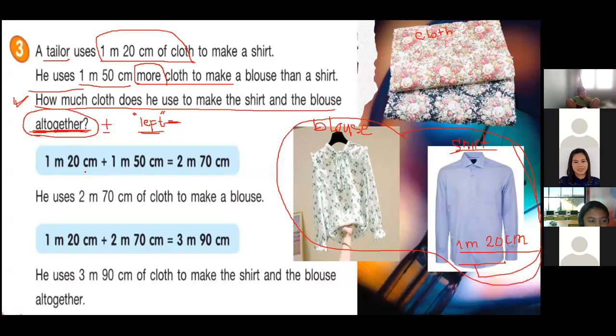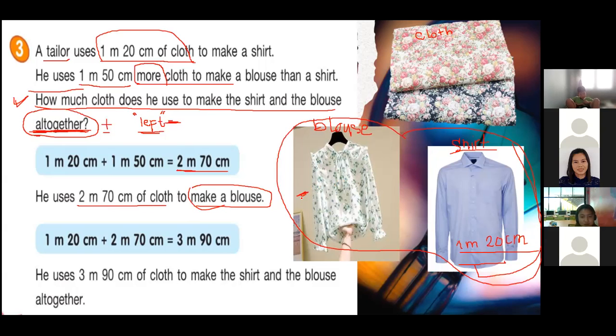So 1 meter, 20 centimeter plus 1 meter and 50 centimeter is equal to 2 meter and 70 centimeter. So the tailor will need to use 2 meter and 70 centimeter of cloth to make a blouse.